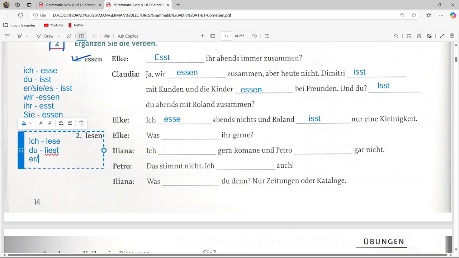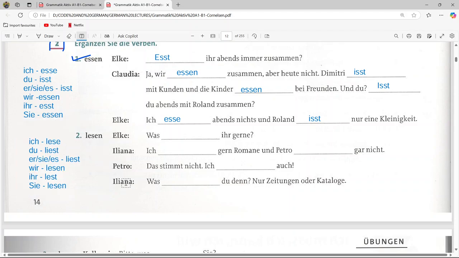For er, sie, es, it is again liest. For wir, no problem, it is the infinitive form lesen. For ihr it is lest, and for the plural sie or formal Sie it is the infinitive form lesen.